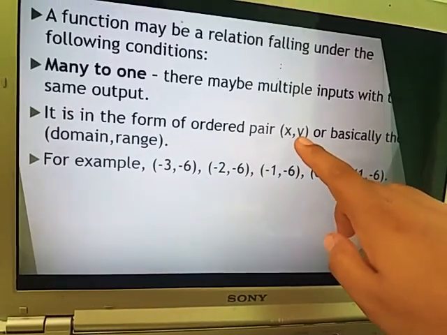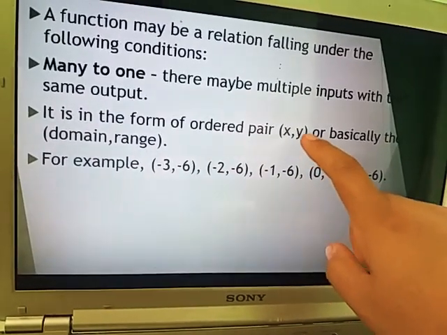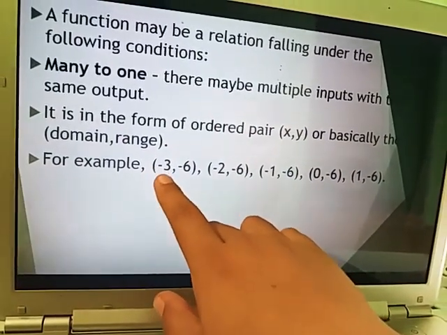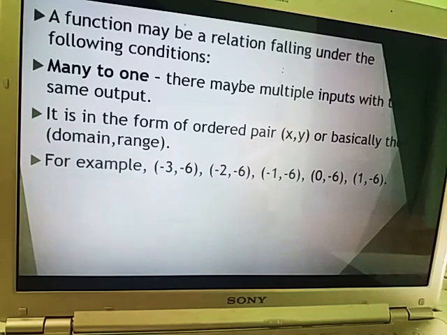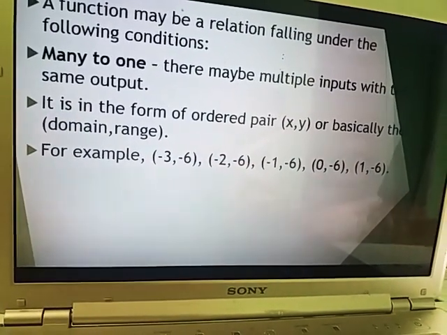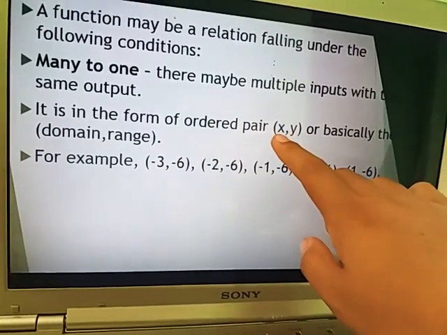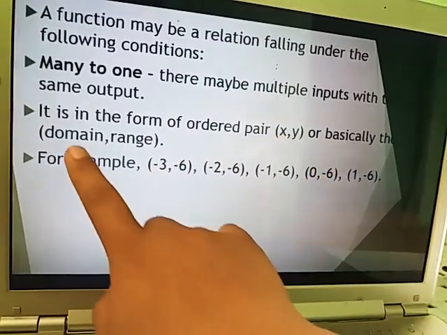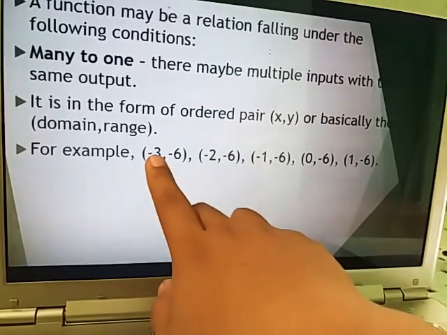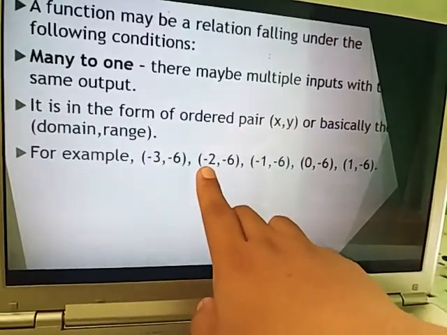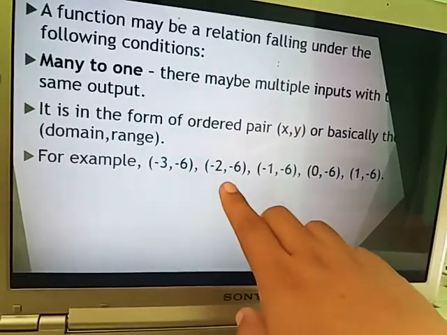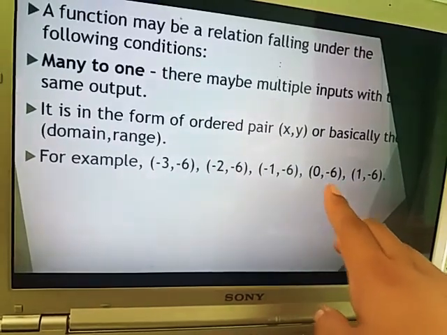Kahit maulit yung y, yung range or yung output, basta hindi na uulit yung ating x, it can be considered as a function. Function siya kapag hindi na uulit yung x values or your domain or your input. Basta hindi pwedeng maging -3, -3. No, it's not a function. Kailangan magkakaiba yung first na number.